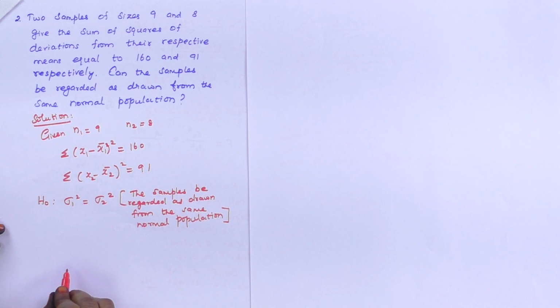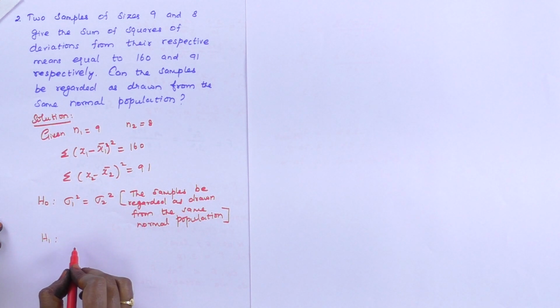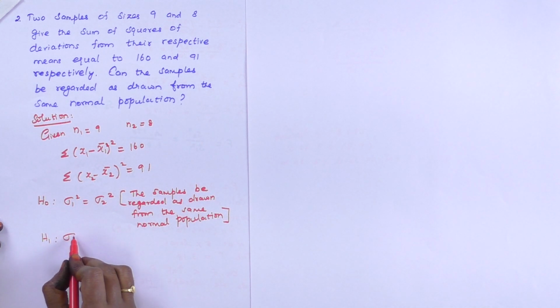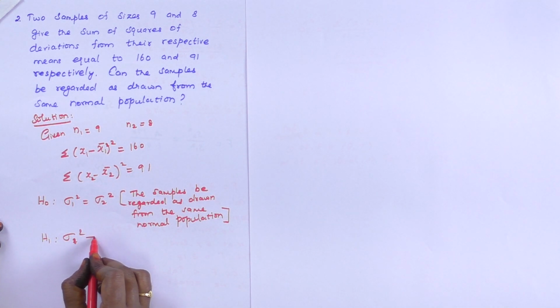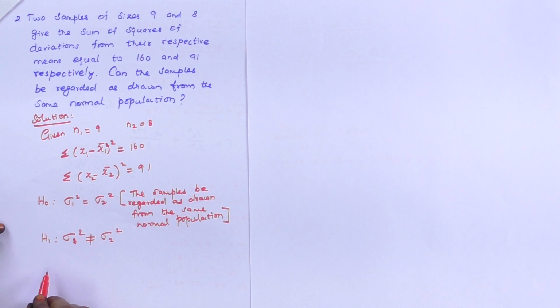H1, our alternative hypothesis, is that sigma 1 square is not equal to sigma 2 square. Next we choose the level of significance. The level of significance is 5%.